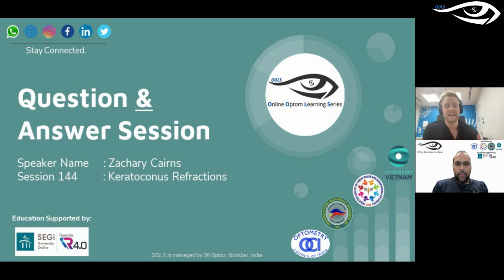If you do a sphere retinoscopy, ask the patient to find their own cylinder. If you do put that cylinder in, ask them to really refine it down, and don't be scared to get the patient involved. The more involved they are with their eye care, the more likely they are to come back, because you're creating a relationship where I'm involved in your eye health and you're involved in your eye health.